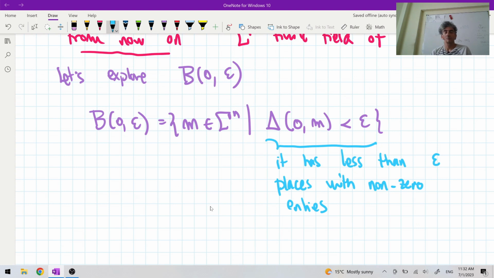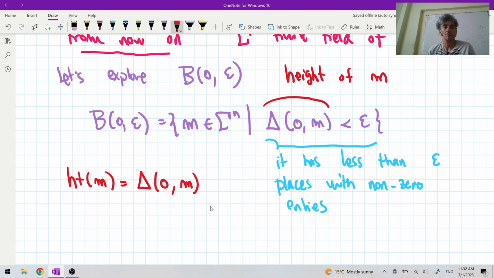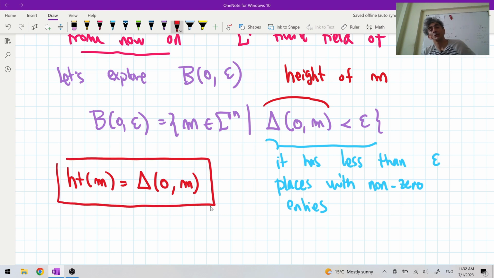Sometimes this is called the height of M. The height of M is simply the distance between 0 and M. So the ball centered at 0 of radius epsilon consists of all the points in sigma to the n which have height less than epsilon. All right.